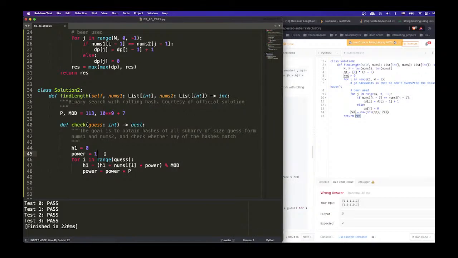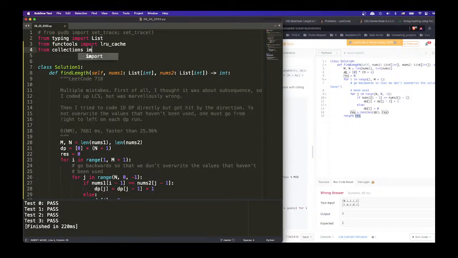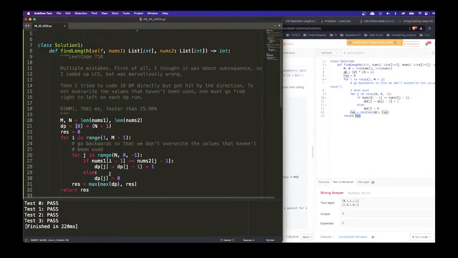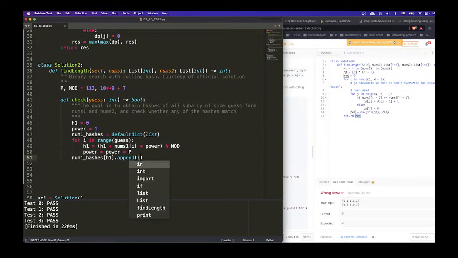I'm gonna have to say nums1 hashes, right? Default dict. Now I see what this one is. So this is the hash, and then we say nums1 hashes h1 dot append 0.